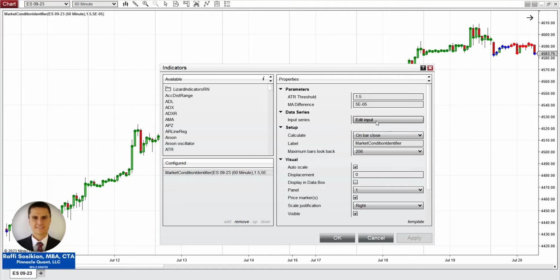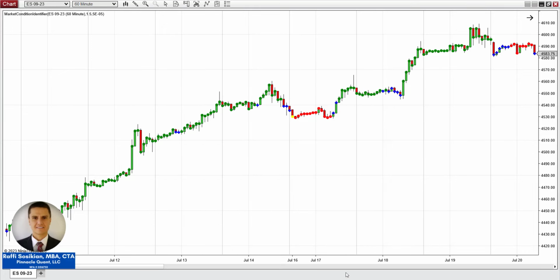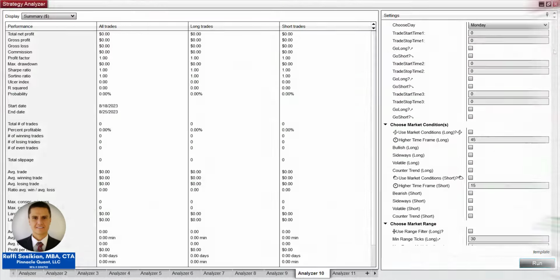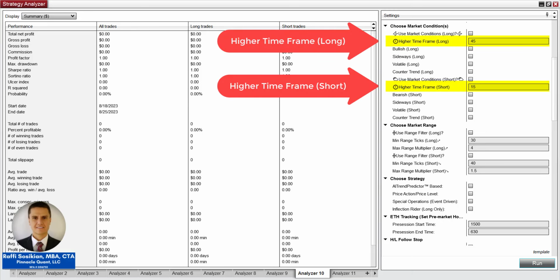In all trading, there are essentially 4 market conditions: bullish or trending higher, sideways, volatile, and of course, bearish or trending lower markets. Since AITPPropTrader is a day trading automated trading system, we have to put a limit on the higher time frame that we're checking to determine the potential market condition we're in, so that it's aligned with day trading objectives, which for this automated trading software is run on the 1-minute chart.